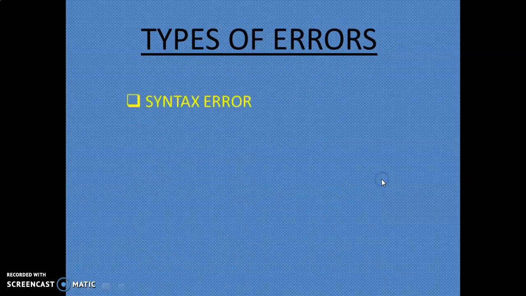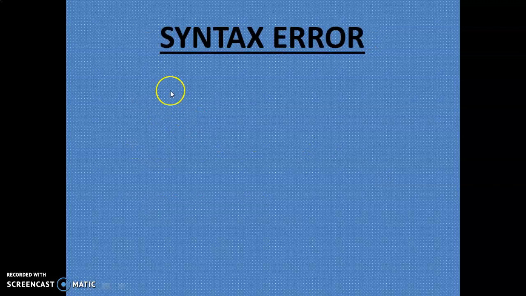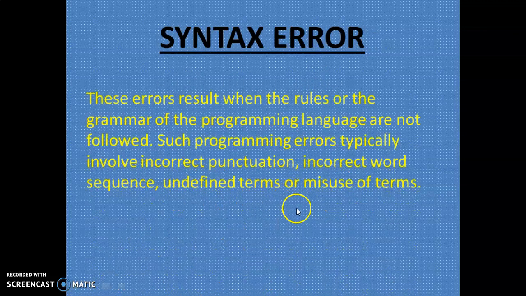Types of errors I already told you: syntax error, logical error and runtime error. So let's first explain what is syntax error. Syntax error means any grammatical mistake. That means when you write down a program, you have to follow some syntax. Syntax means grammar.